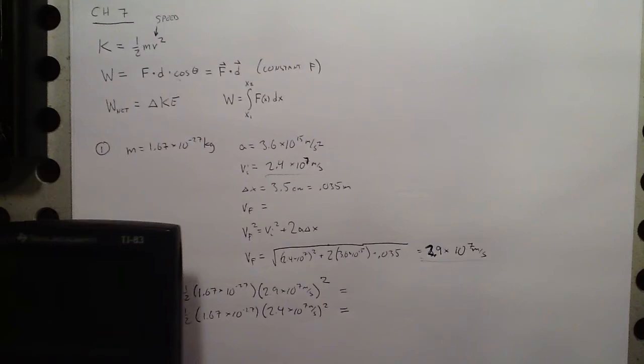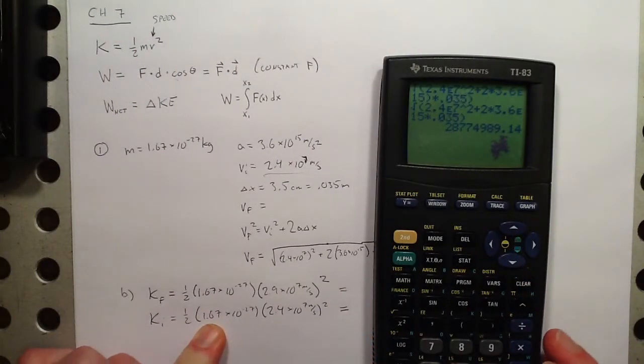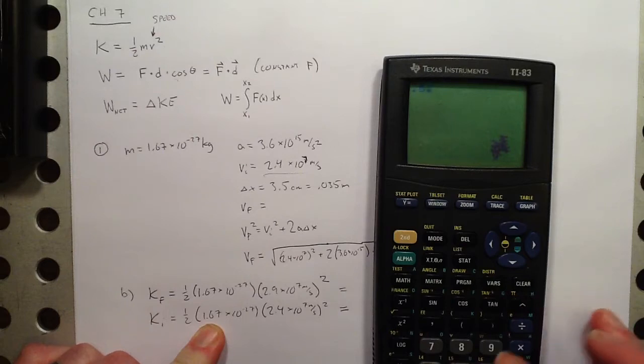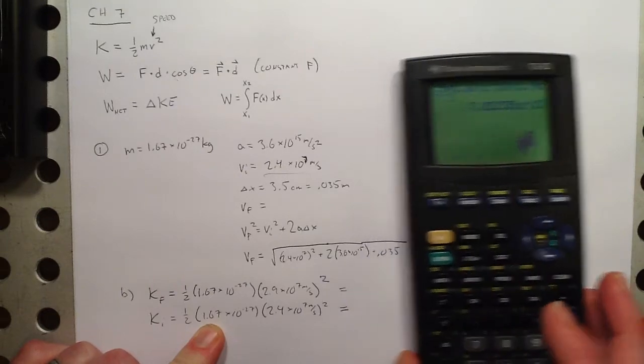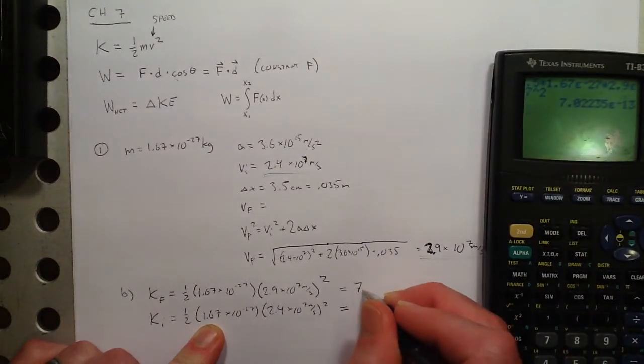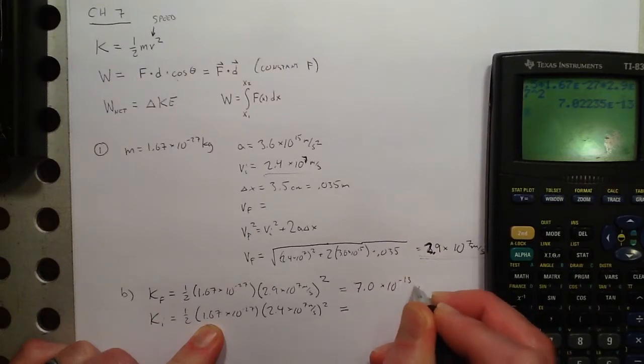So let's see, we've got 0.5 times 0.67 times 10 to the negative 27th times 2.9 times 10 to the 7th squared, and that's about 7.0 times 10 to the negative 13th joules.